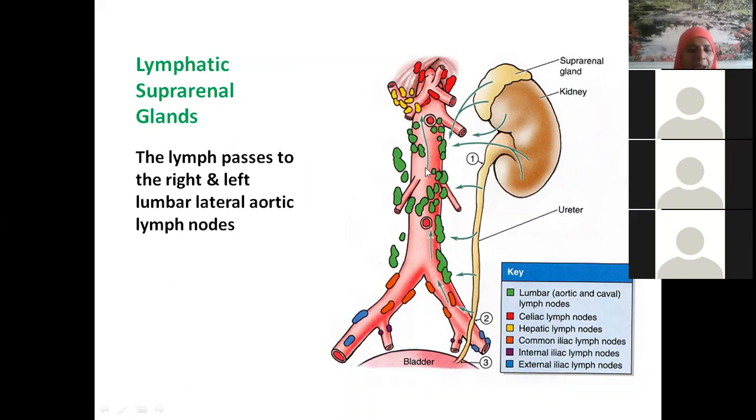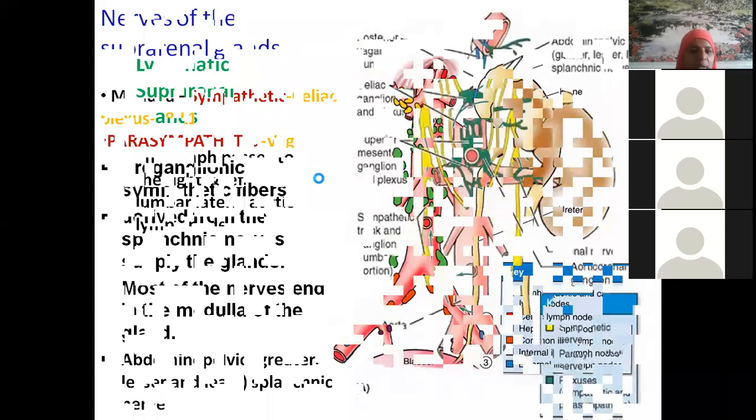Whether you use para-aortic or lateral aortic group, it is the same. From here, the lymph will move from the aortic to the celiac group of lymph nodes. From there, to the lumbar lymphatic trunks. From there, it will open into the cisterna chyli.